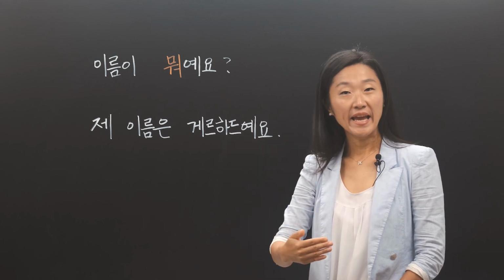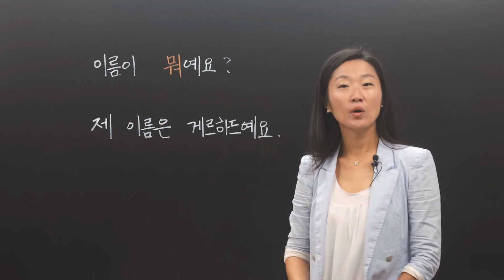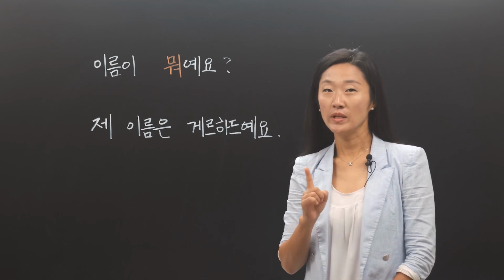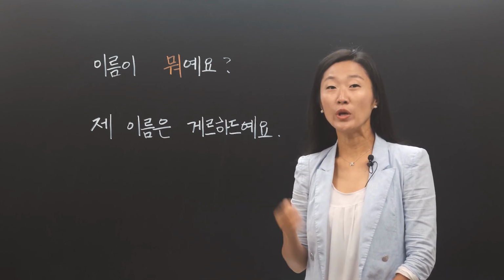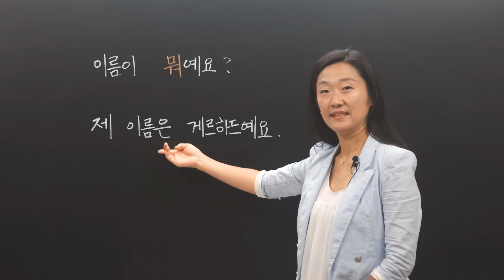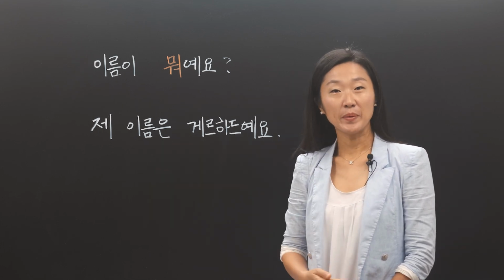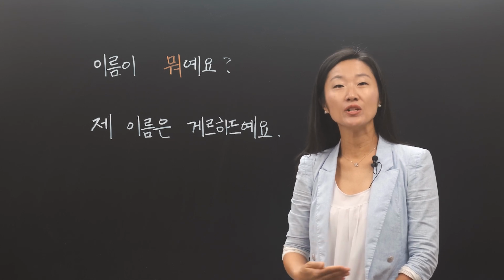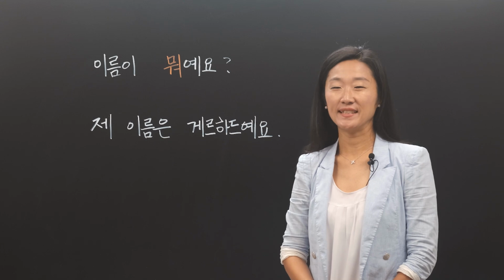So, 제 이름은 게르하드예요. Literally means my name is Gerhard. Notice that in the answer, we use the topic particle 는. This is because the topic, my name, has been introduced in the question and we are providing information about it.